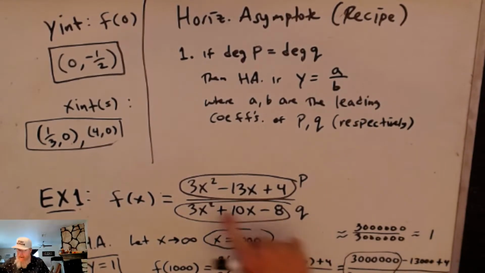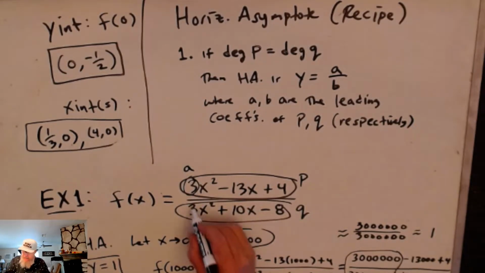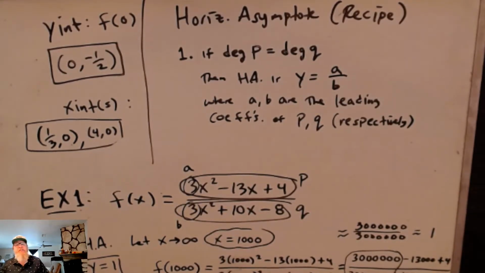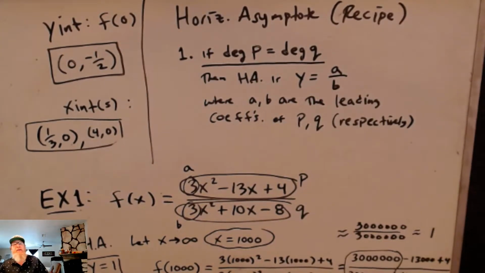So a is the leading coefficient of P, and b is the leading coefficient of Q. That's only if the degree of the numerator and the degree of the denominator are the same.